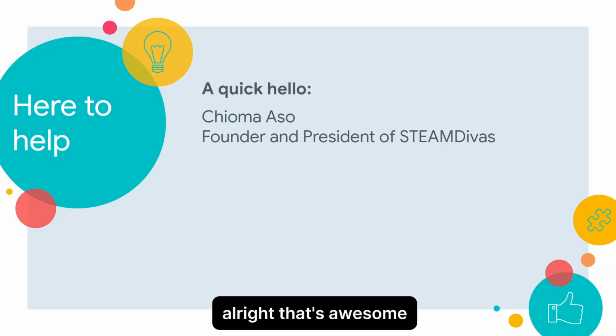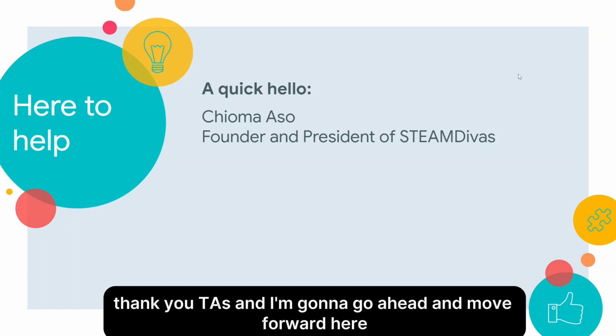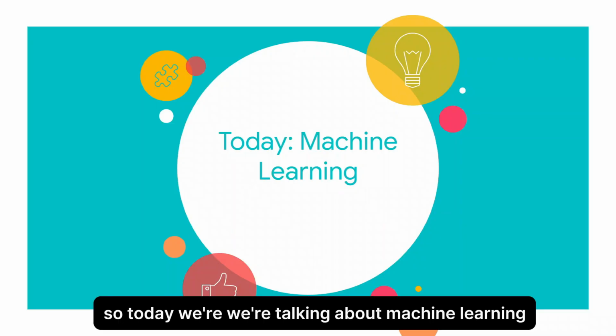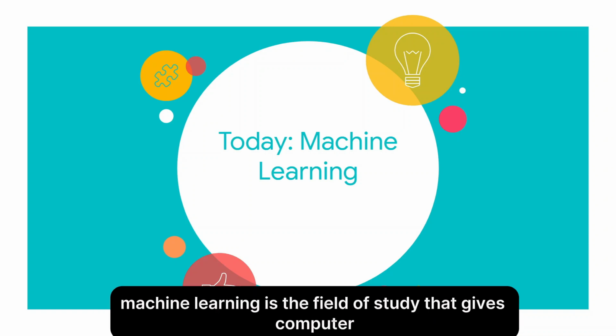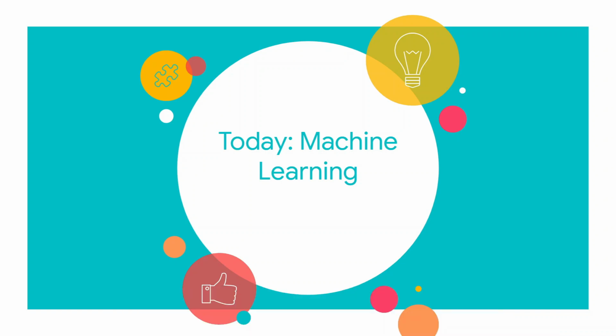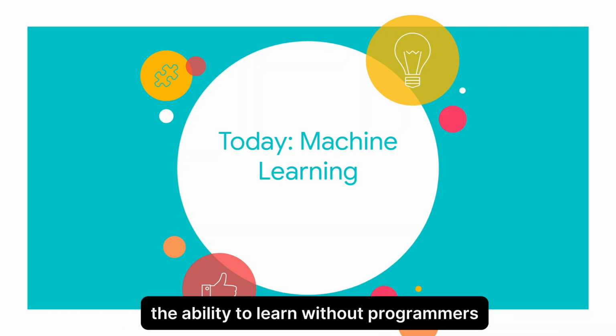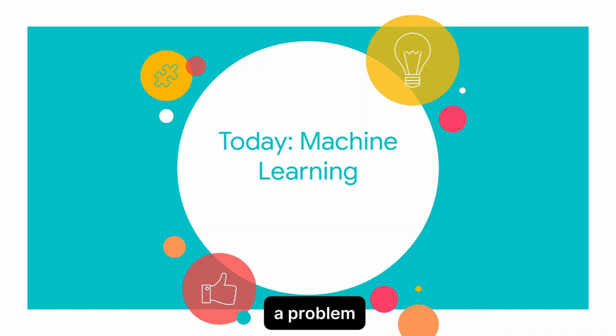All right, that's awesome. Thank you, TAs. And I'm going to go ahead and move forward here. So, today we're talking about machine learning. Machine learning is a field of study that gives computers the ability to learn without programmers writing the rules on how they can solve a problem.